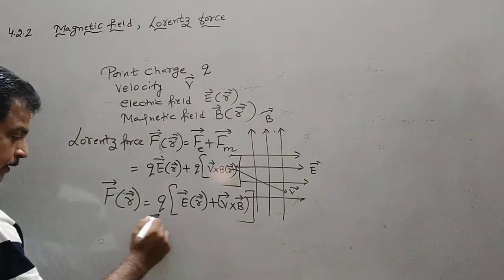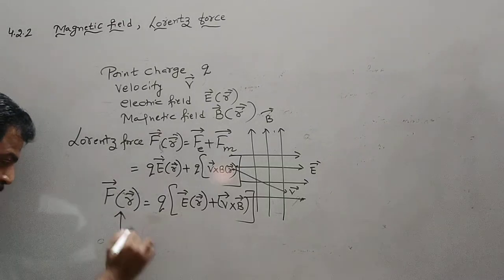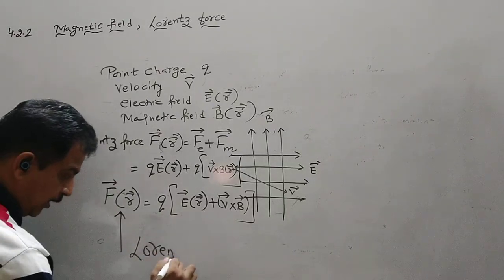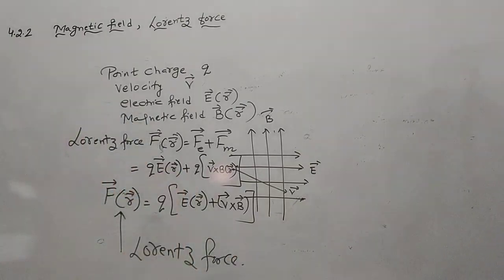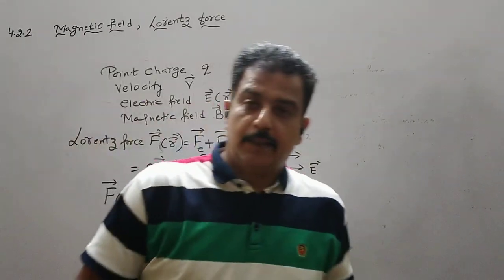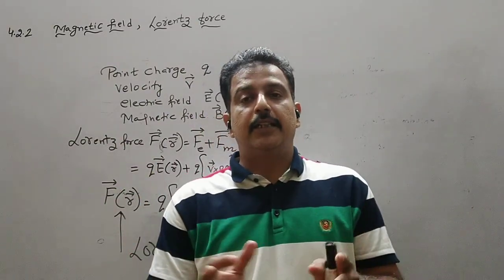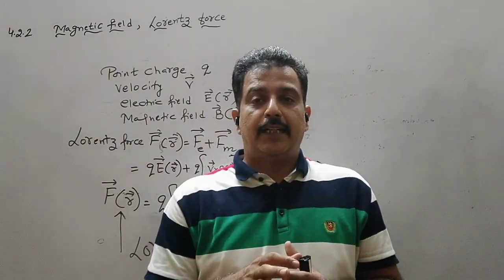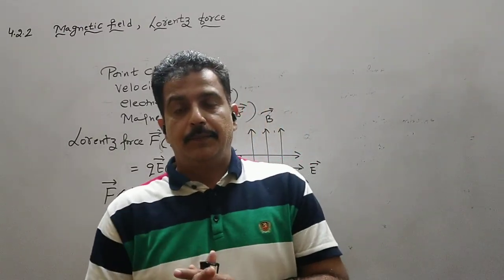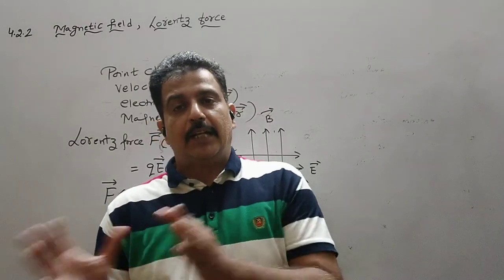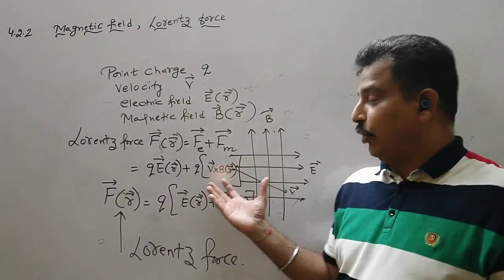This force, that is the resultant force, is called the Lorentz force. So Lorentz says if any charged particle enters an electric as well as magnetic field, both fields being present, then electric as well as magnetic force will act on it, and the resultant is given by this formula.